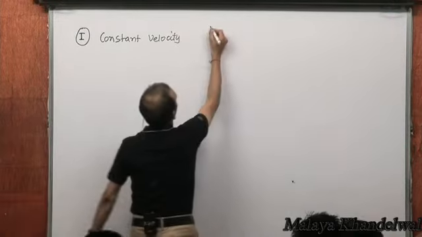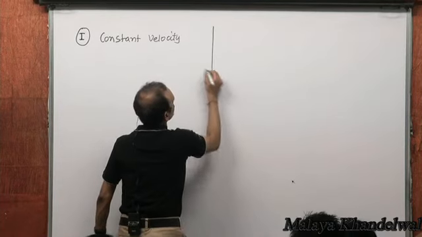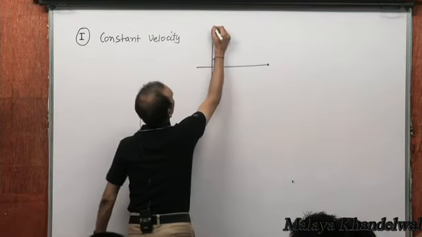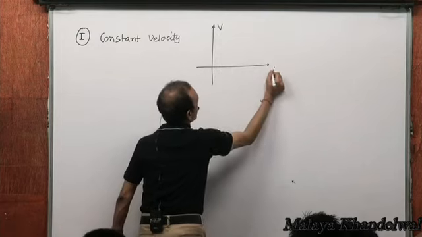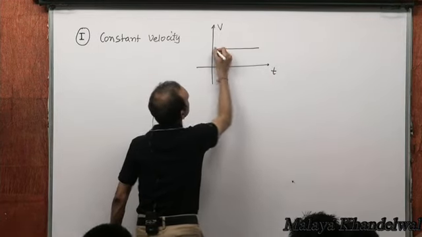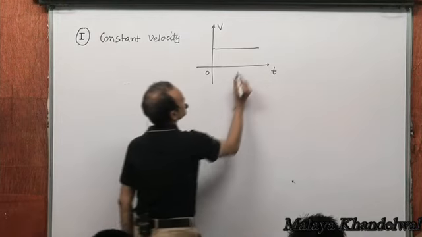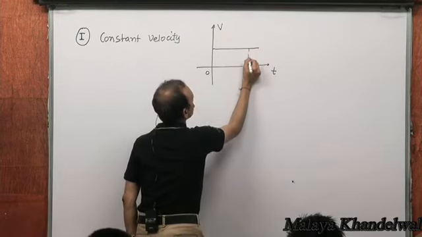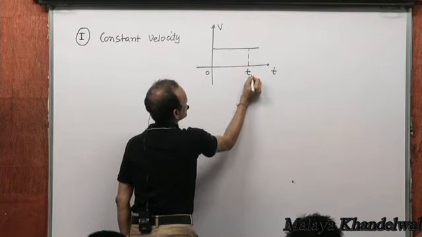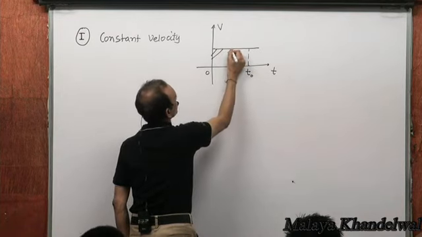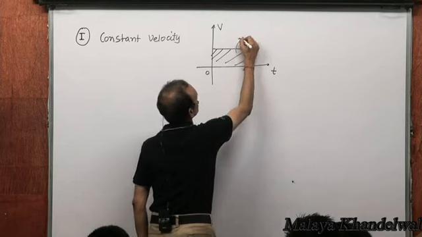And for a particle moving with constant velocity, the velocity time graph looked like this. This was the velocity time graph, right? And in a given interval, say 0 to t naught, the area under the velocity time graph gave us what?